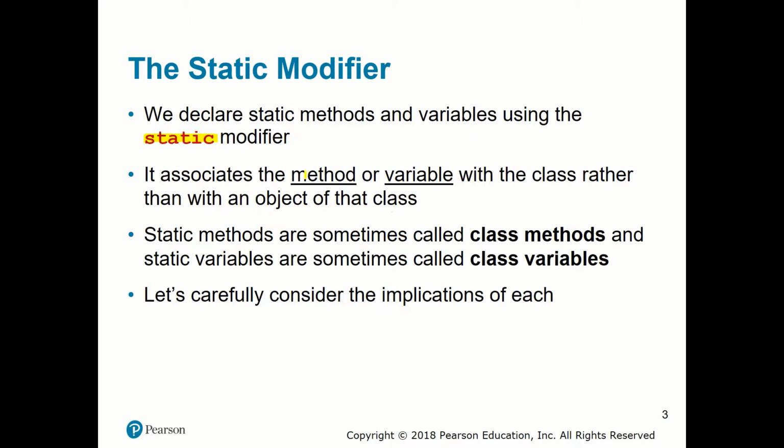So static methods and static variables are related to a class, not an object. Static methods are sometimes called class methods, and static variables are sometimes called class variables, because they are related to the class itself, not an object. Then let's carefully consider the implications of each.